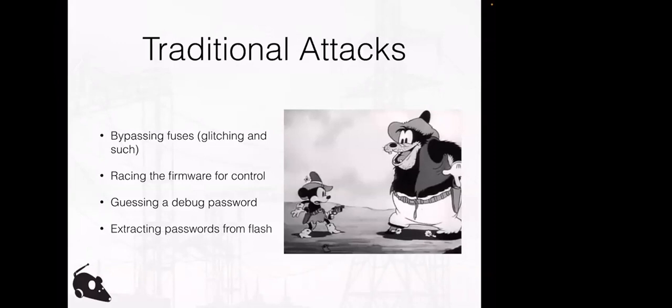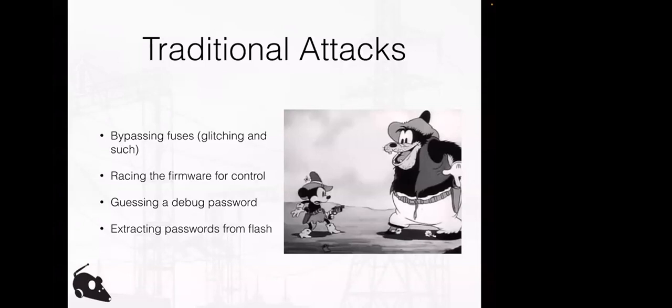You just alter the power level that goes to the circuit board in such a way that it believes that the fuse is still unblown, right, for accessing JTAG or downloading firmware or whatever. So you're essentially racing the firmware for the CPU to access that particular fuse. You're changing the power level as it's accessing it to make it think it's something else. So you can bypass those protections using simple glitching attacks.